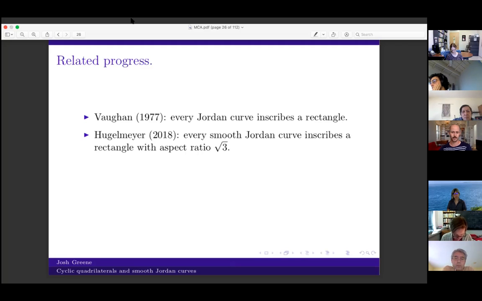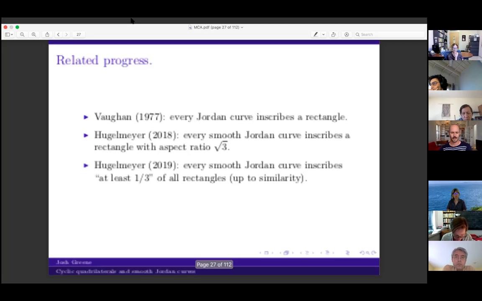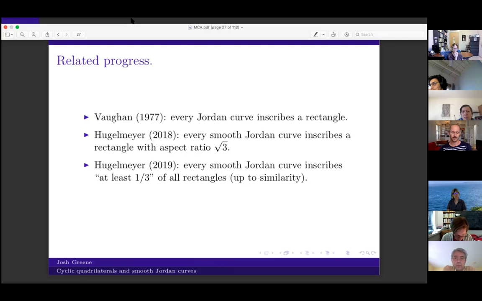So he found for us one more type of configuration, a rectangle of aspect ratio square root 3, which appears in every smooth Jordan curve. And he got a rather sharper result just a year later, showing in essence, I won't explain the meaning here, that every smooth Jordan curve inscribes kind of a lot of rectangles, and a lot measured by their aspect ratio.